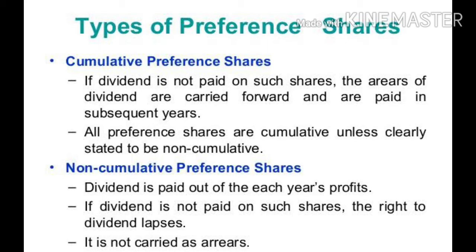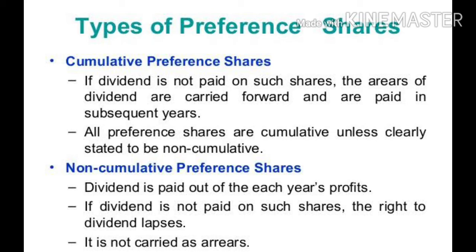When the company is not able to pay dividend to the preference shareholders due to a loss in a year, that particular year's dividend will be shifted to the next year. So the next year, if the company gets a profit, both years' dividends, the previous year and the current year, will be added and given to the preference shareholders. That is called cumulative preference shares.